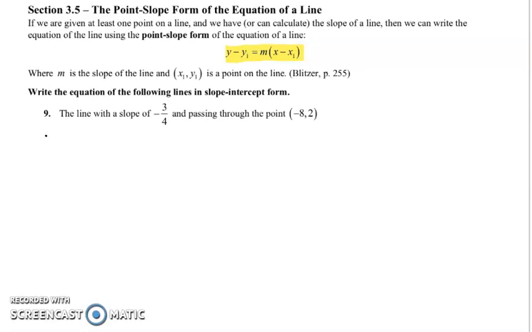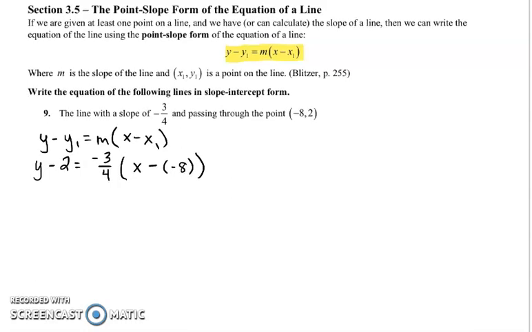So we start with y minus y1 equals m times the quantity x minus x1. So now we substitute what we know. So y1 is positive 2, m is -3/4 times x minus, now x1 is a -8.